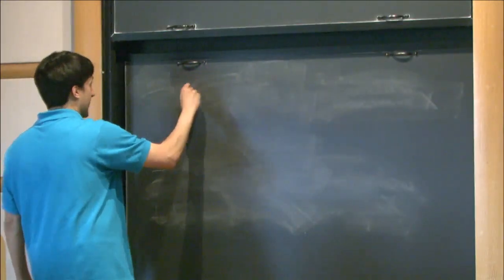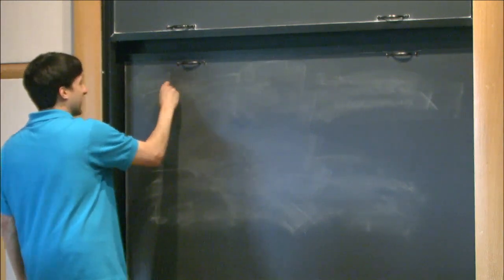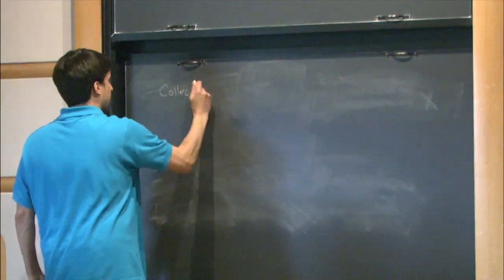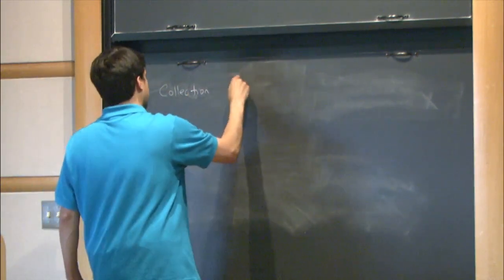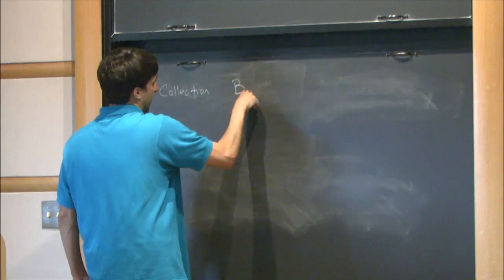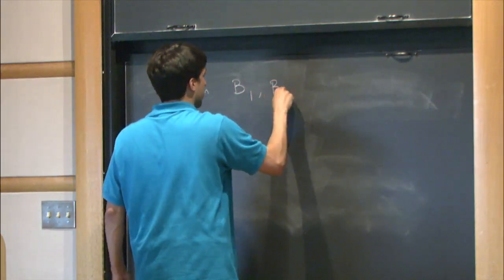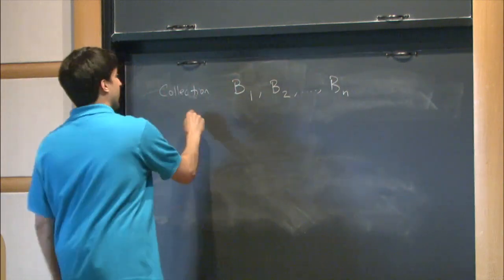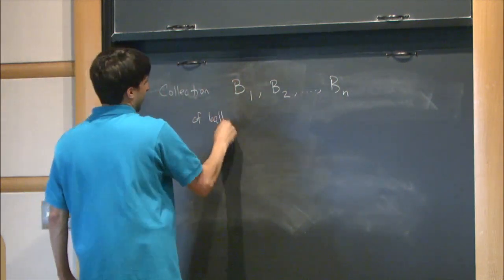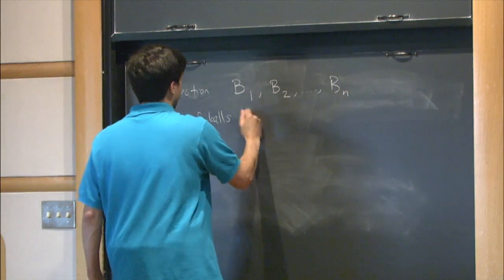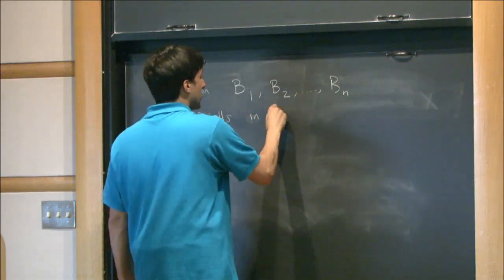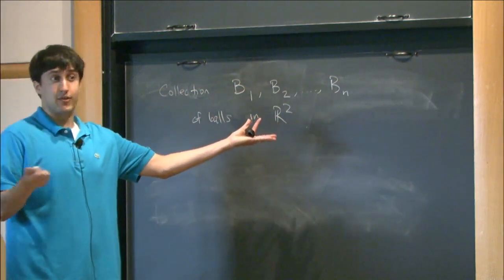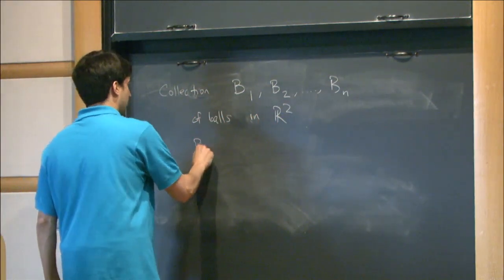Suppose you have a collection of balls B1, B2, ..., Bn, and you want to know whether these n balls have a common intersection point.